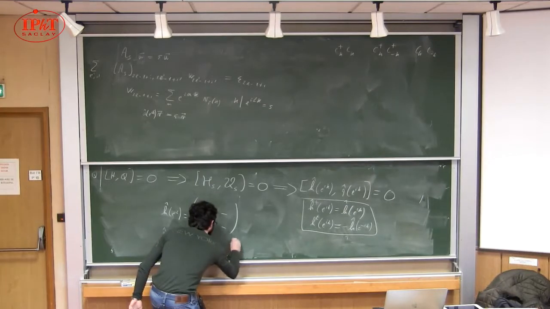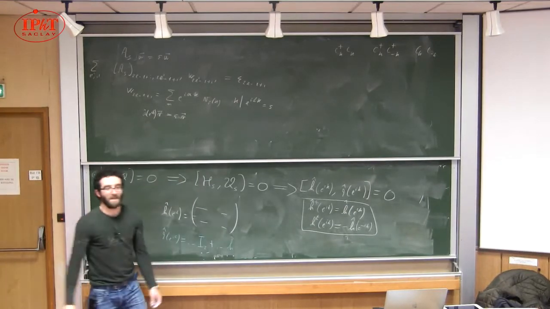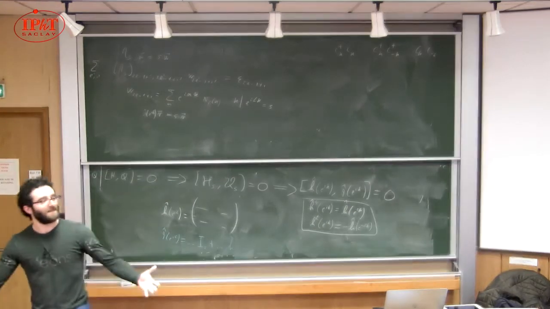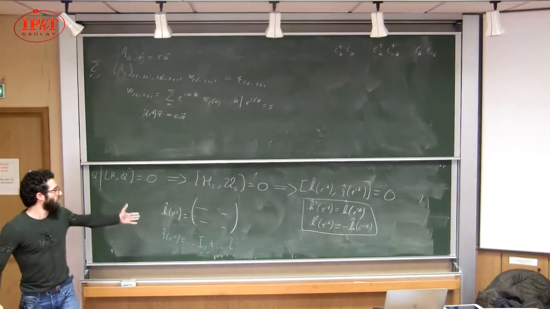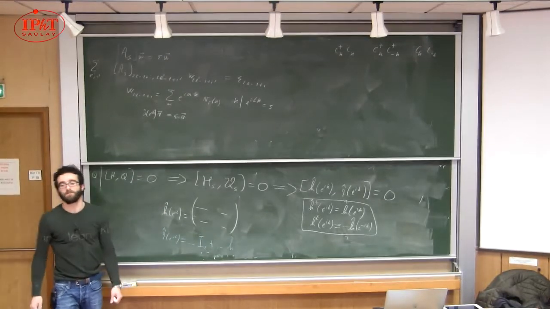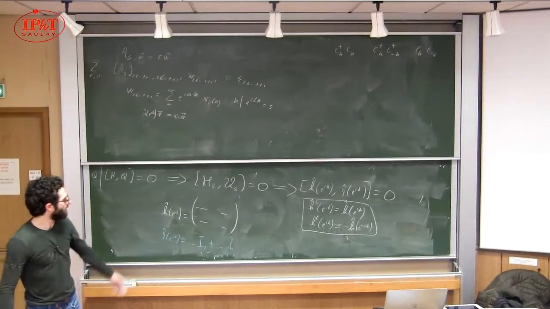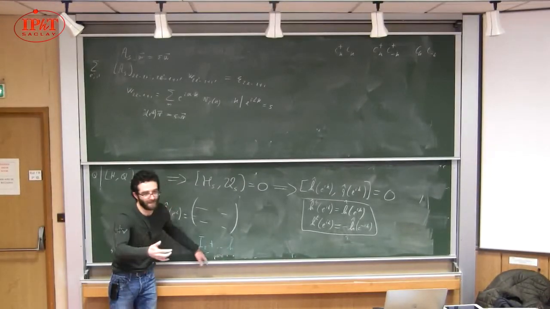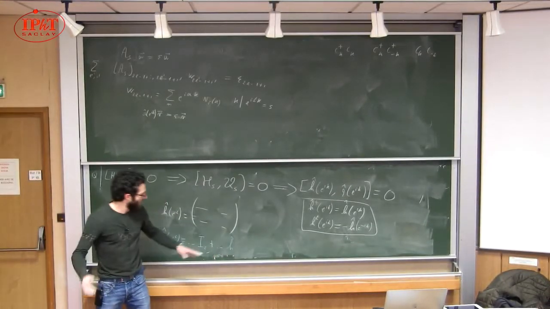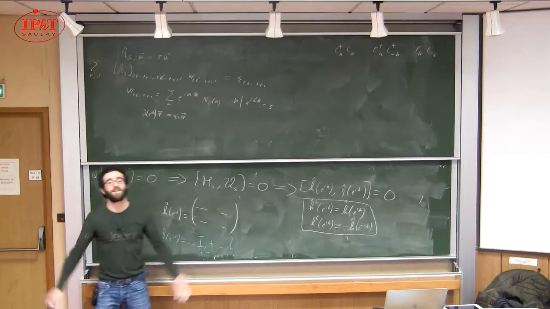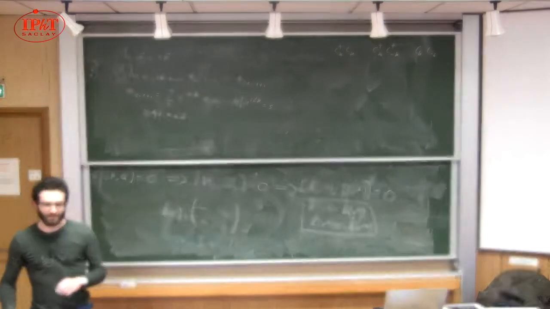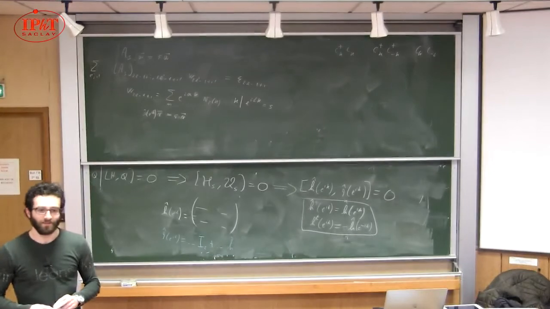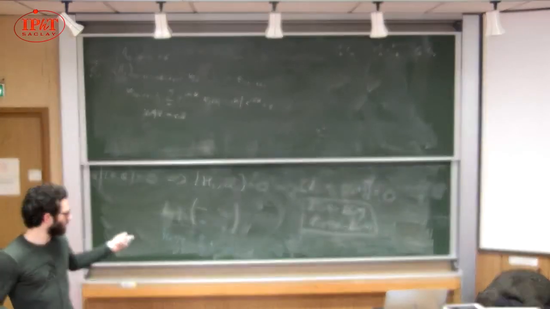Something times H. Can you find more independent matrices that commute with a 2 by 2 matrix? Let's assume that H is different from the identity, otherwise these are the same. Can you find another matrix that commutes with a 2 by 2 matrix? We already found 2 of them.